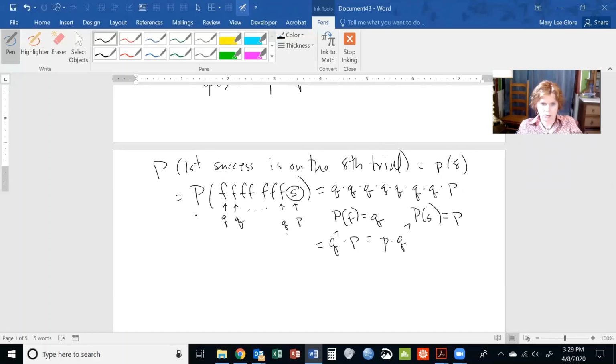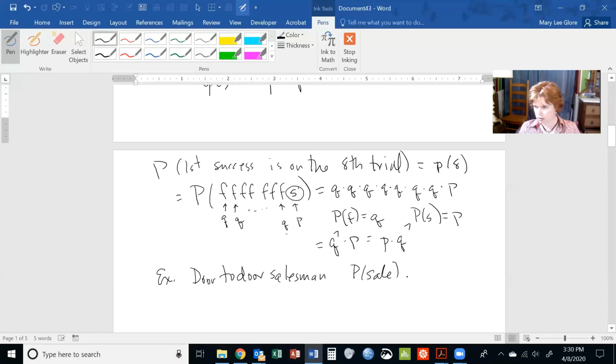All right, so let's do an example. Let's say we have a door-to-door salesman. The probability that he makes a sale at any given door is 0.15.